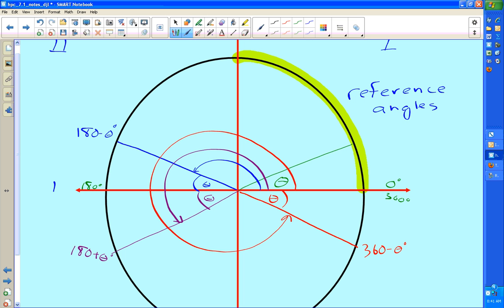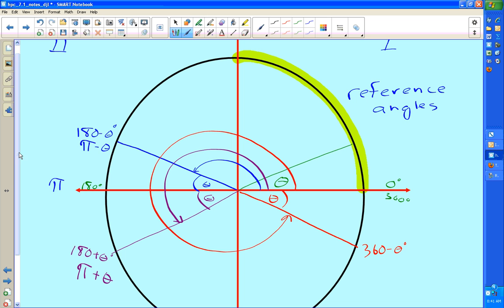If this is also pi radians, the measure of this angle in radians is going to be pi minus theta. In quadrant 3, it's going to be pi plus theta. And in quadrant 4, what's 360? 2 pi.